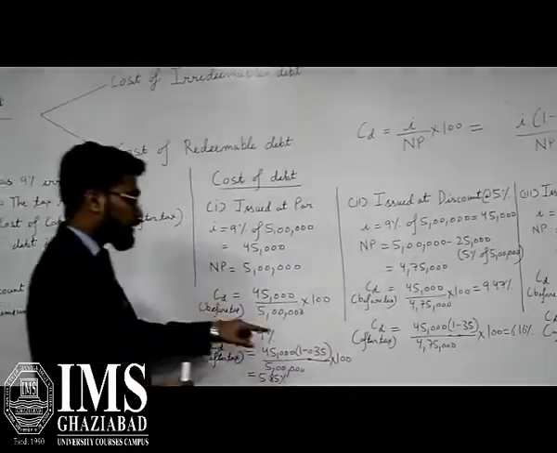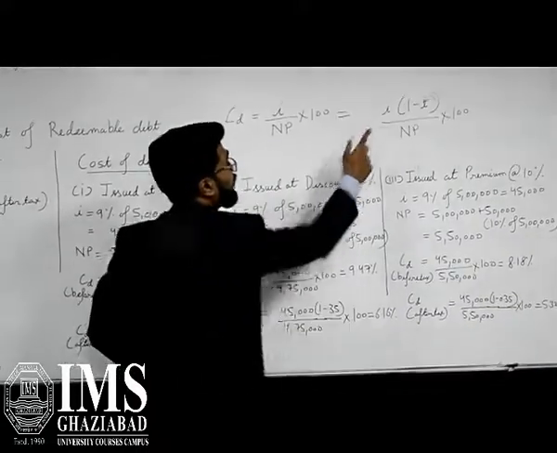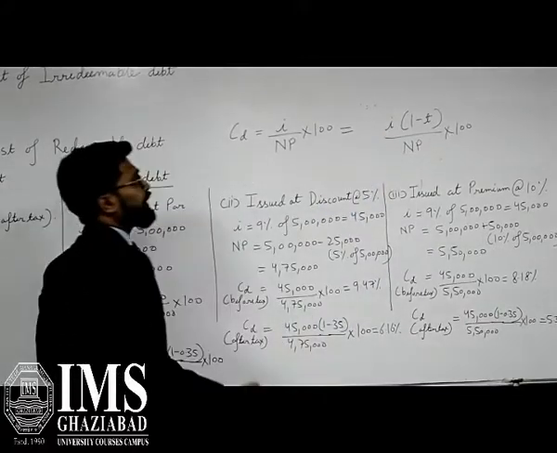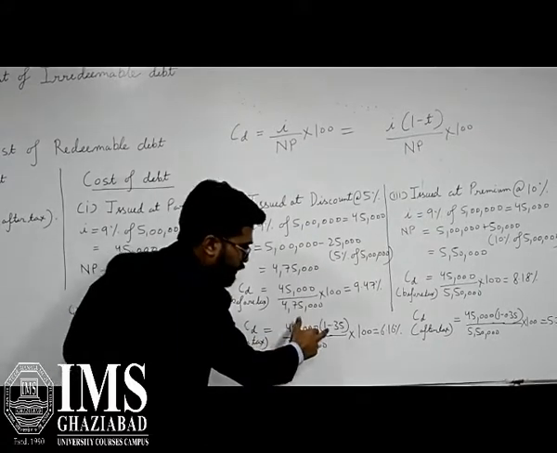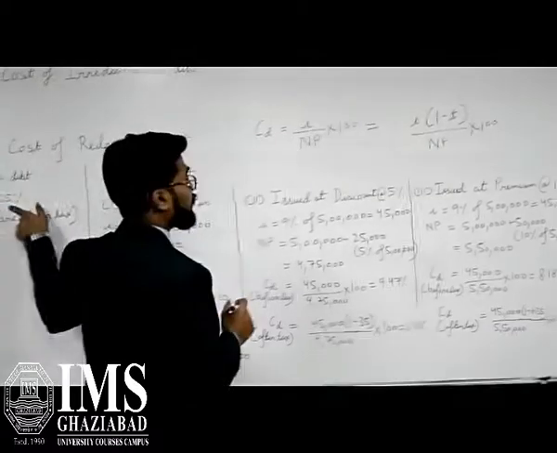The cost of debt before tax is 9.47%. If we are calculating cost of debt after tax, we use the same formula, multiplying the interest by 1 minus T, the tax rate.